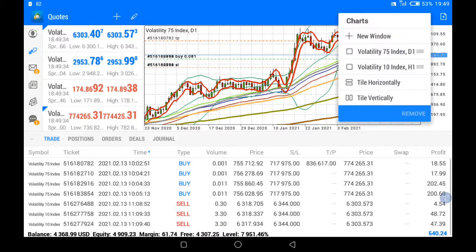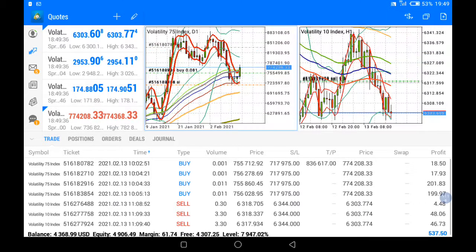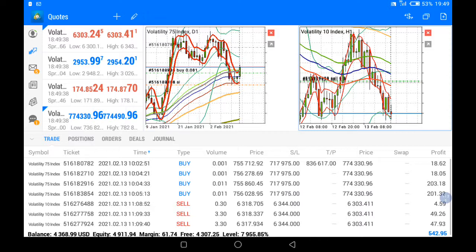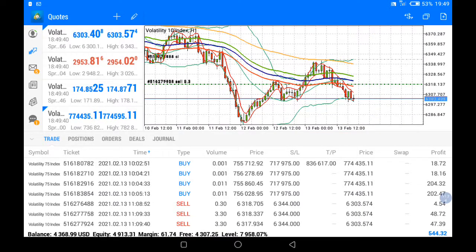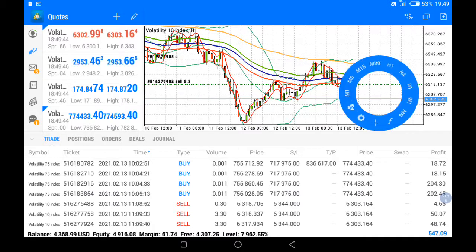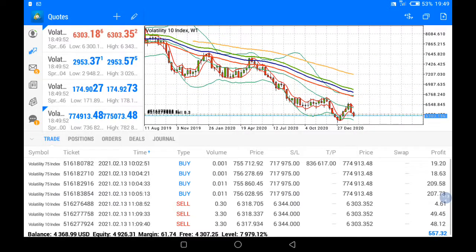For V10, you can see V10 could also be a long-term trade. This is W1, so you can see what W1 looks like.